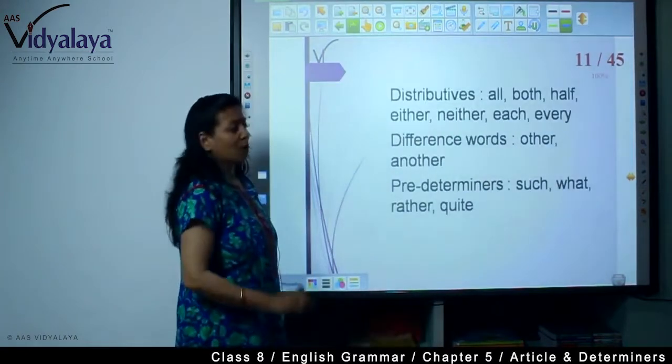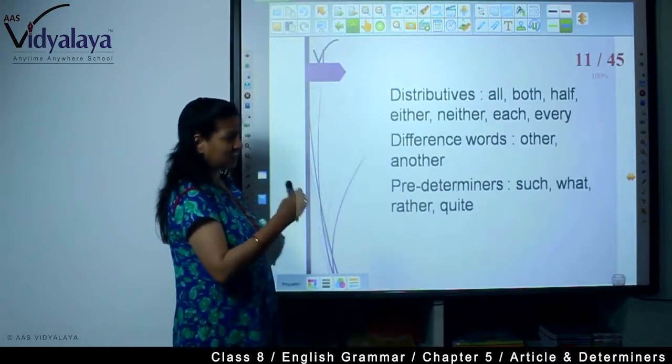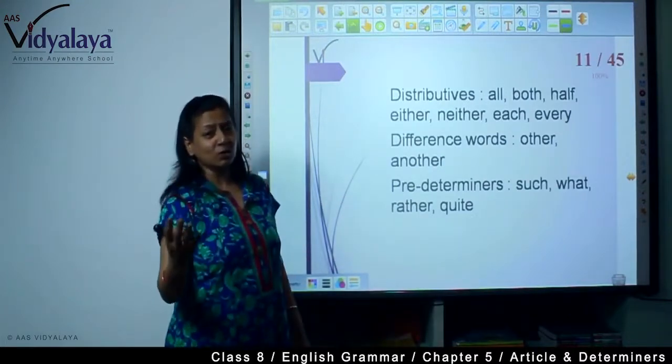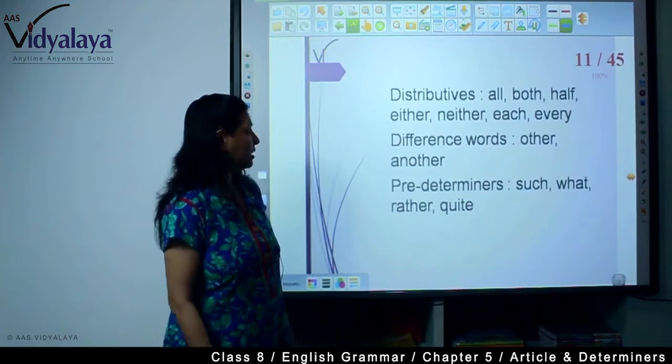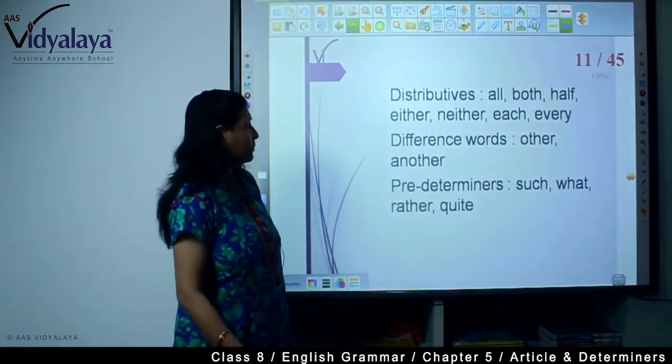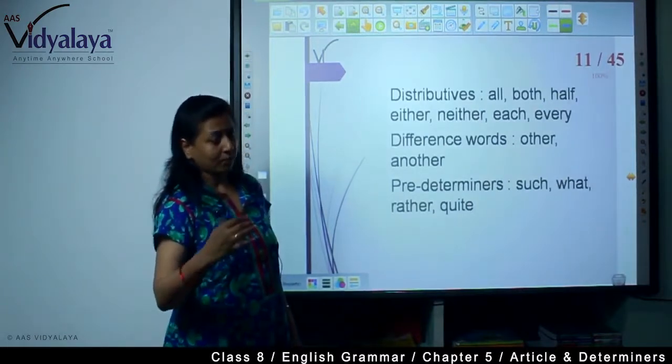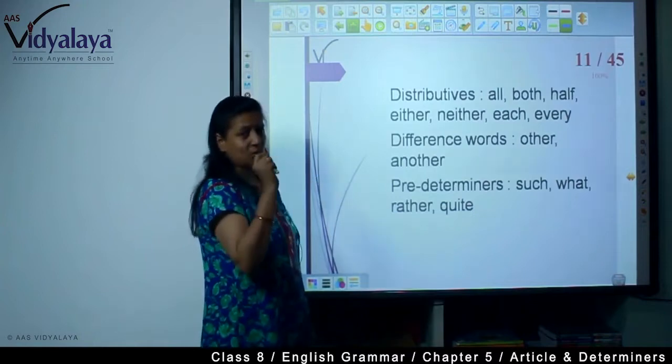Then distributives: all, both, half, either, neither, each, every, because a noun is there after these determiners. Difference words: other, another. Then predeterminers: such, what, rather, quite, because after that a noun is there.